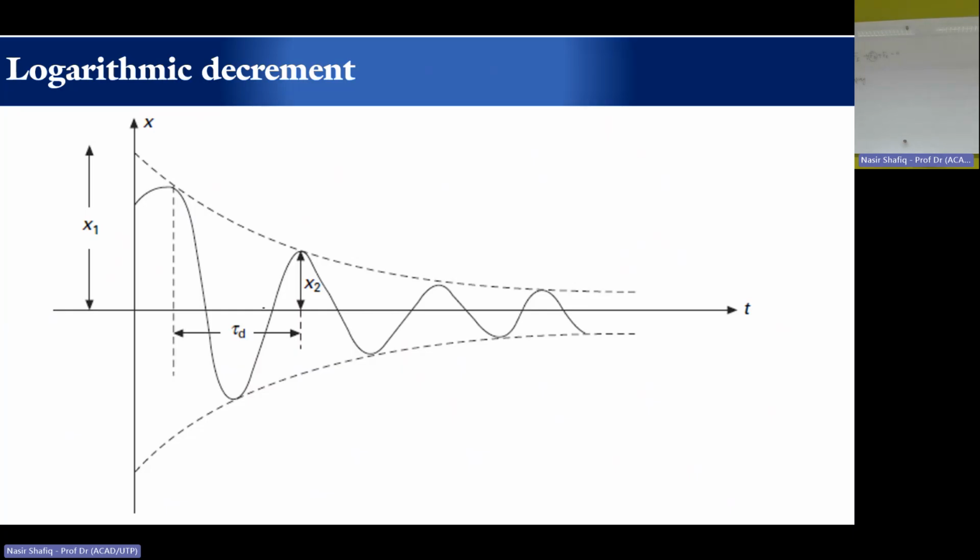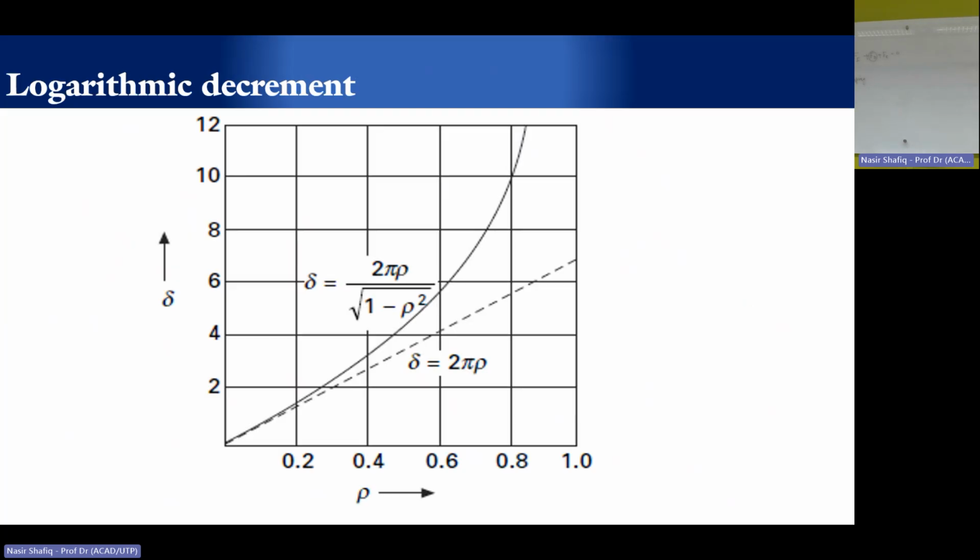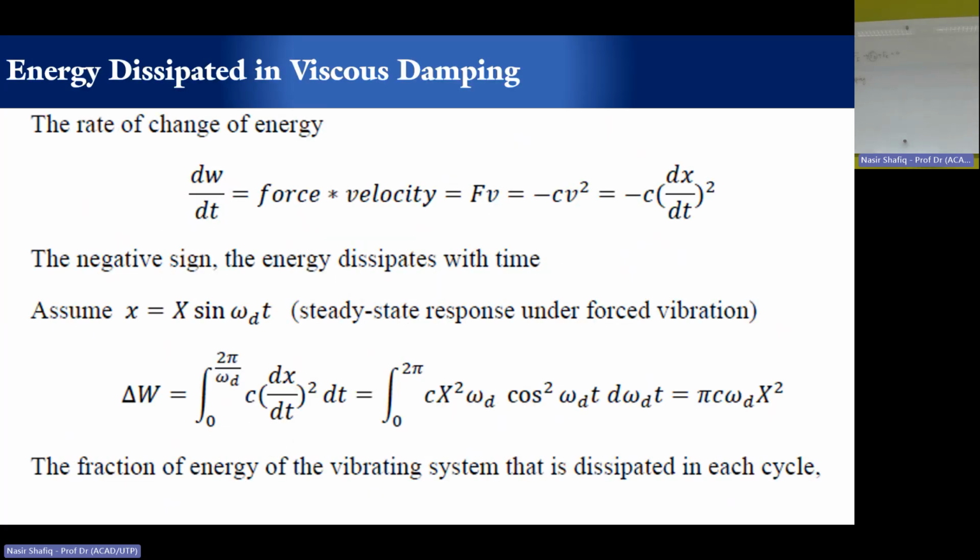In each cycle the amplitude is reducing, but if we keep the period of vibration constant, then this relationship x1 to x2, the decay, we can represent by the logarithmic decrement, or with the logarithmic values, and we have come up to that.